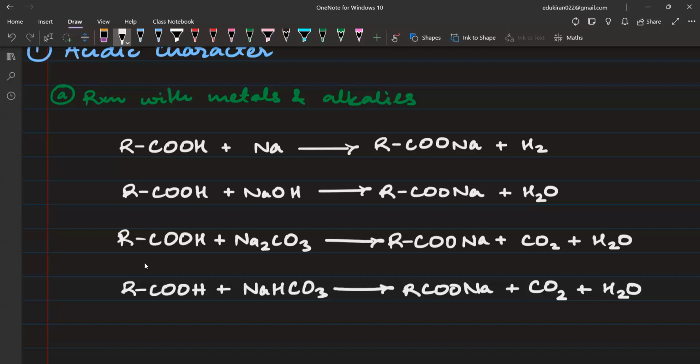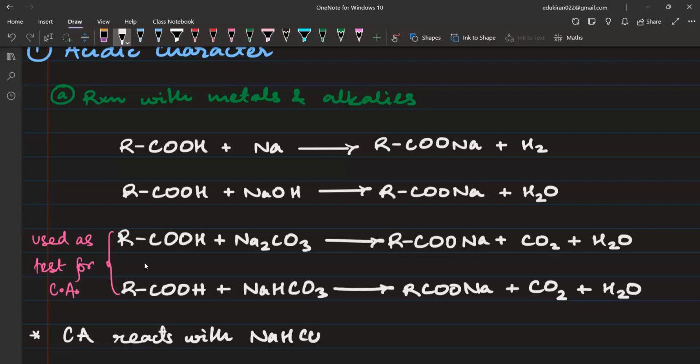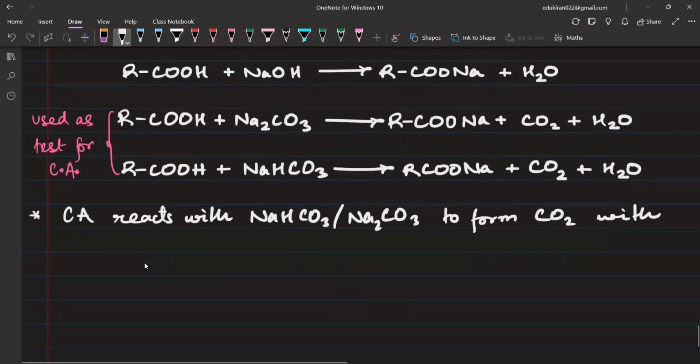So both of these things can be used as a test for carboxylic acid. ठीक है, राइट, मतलब क्या टेस्ट होता है, carboxylic acids with NaHCO3 or Na2CO3 to form CO2 with brisk effervescence.